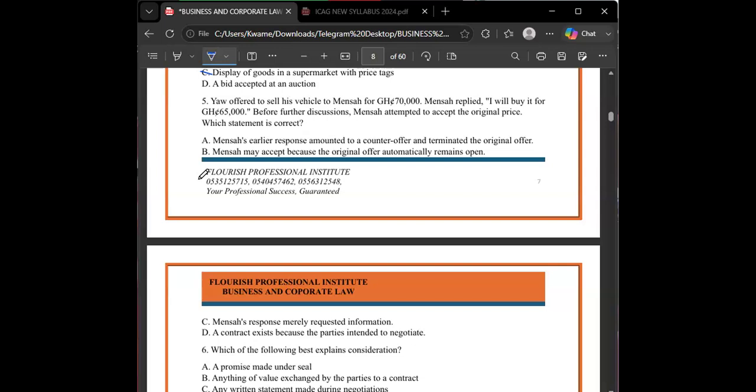A. Mensa's early response amounted to a counter offer and terminated the original offer. B. Mensa may accept because the original offer automatically remains open. C. Mensa's response merely requested information. And D. A contract exists because the parties intended to negotiate.